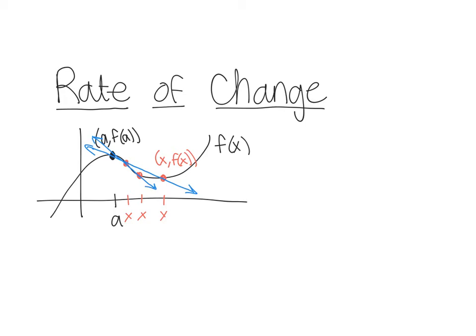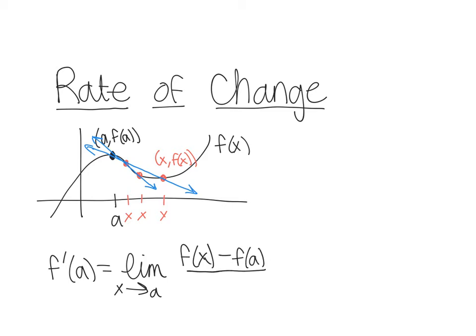Okay, so here was our definition of what the derivative was at a. The limit as the x's are approaching a, and we just found the slope of our secant lines. So it was f of x minus f of a over x minus a.